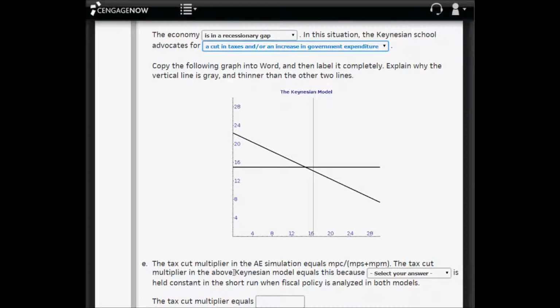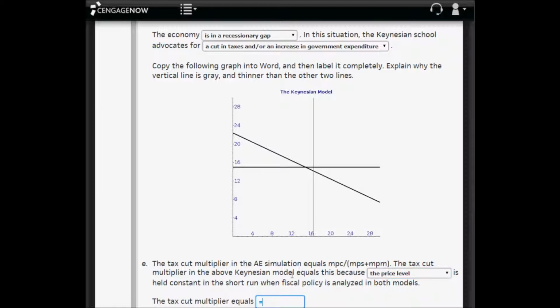It can be shown that the tax cut multiplier in the AE simulation equals the MPC over the slope of aggregate demand. The tax cut multiplier in this model equals the tax cut multiplier in the AE simulation because the price level is held constant in both of these models when fiscal policy is being analyzed.